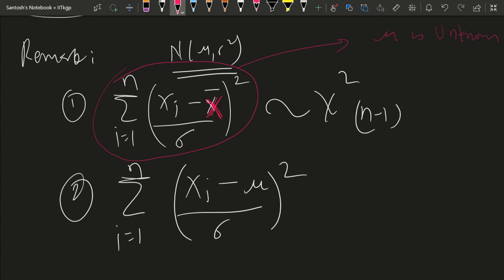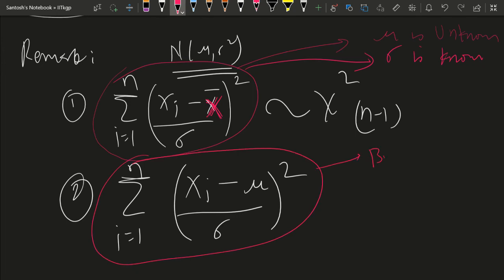But sigma is known, a fixed constant. In this new quantity, both mu and sigma are known. A statistic or estimator by definition will not involve unknown parameters. So my question to you is, what is the distribution of this quantity?